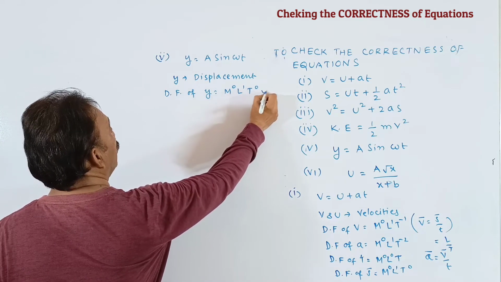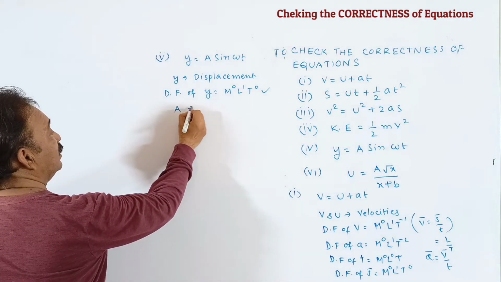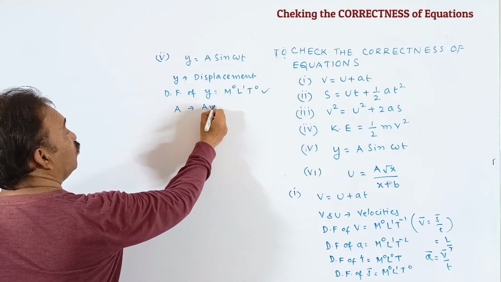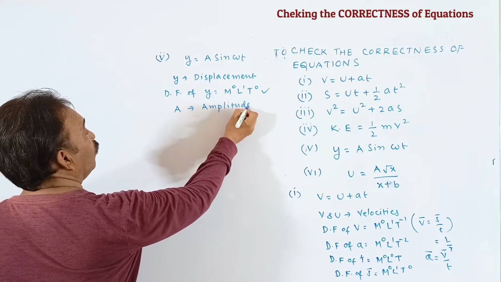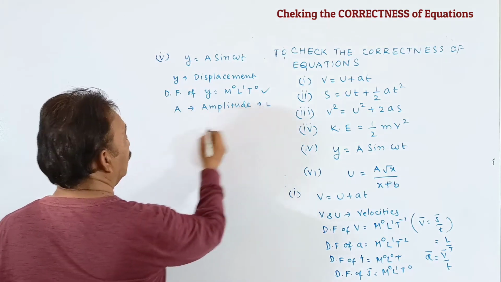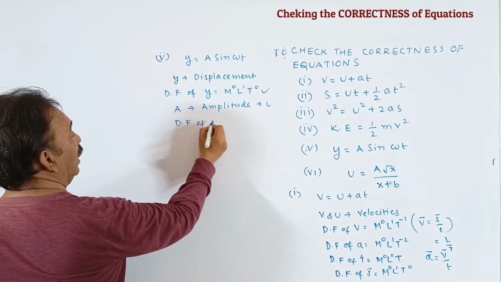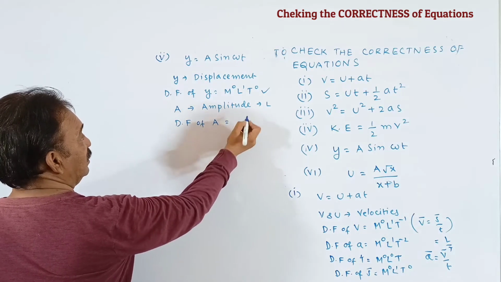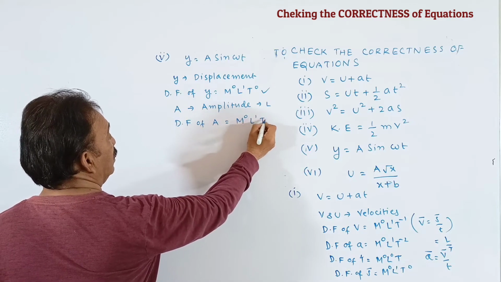I think you understood. And here, A is the amplitude. Amplitude is nothing but length. That is the dimensional formula of amplitude. Since it is length, we can write M0 L1 T0.